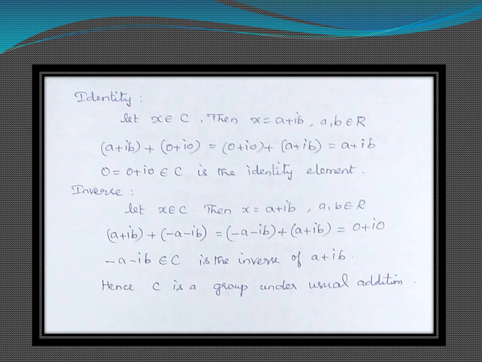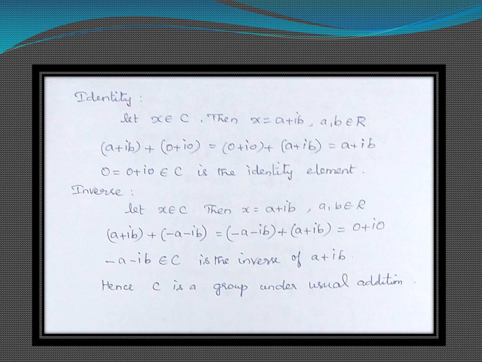Then x can be written as a plus ib, where a, b belong to R. Then a plus ib plus 0 plus i0 becomes a plus ib. Also 0 plus i0 plus a plus ib is also equal to a plus ib. Therefore, the element 0, that is 0 plus i0, becomes the identity element for C.